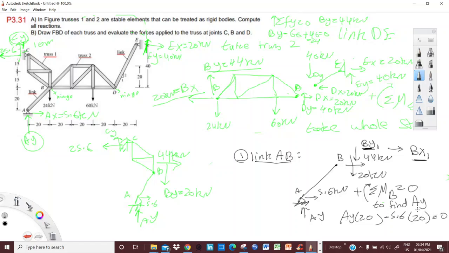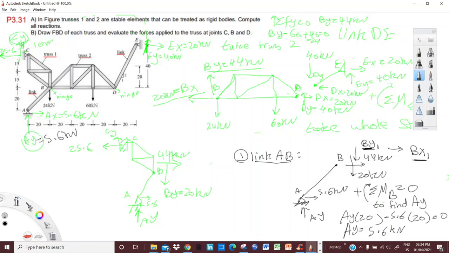Answer is going to be minus 5.6 times 20. So 112 divided by 20, which is going to be 5.6. Ay is going to be equal to 5.6 kilonewton. So our assumption is right, 5.6 kilonewton.